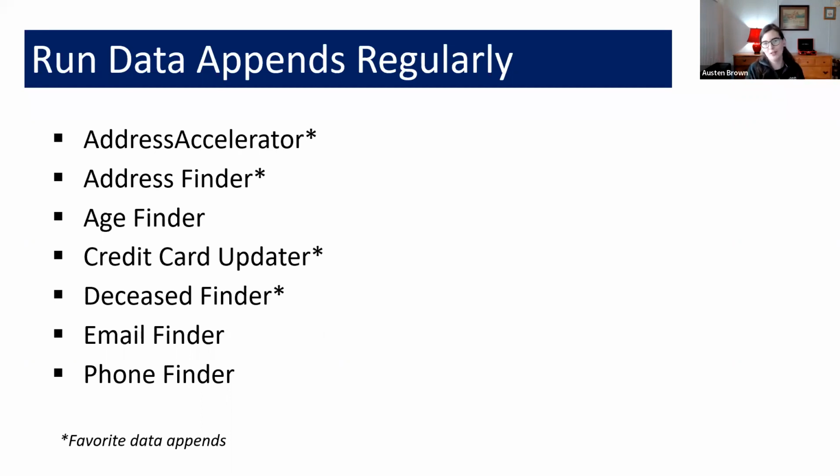And then it'll be up to you to research what went wrong and what number is wrong in there that you need to fix. Address Finder is running your database through the NCOA, the National Change of Address database, and coming back with new addresses for any of your constituents that have moved and registered that move with the U.S. Postal Service.